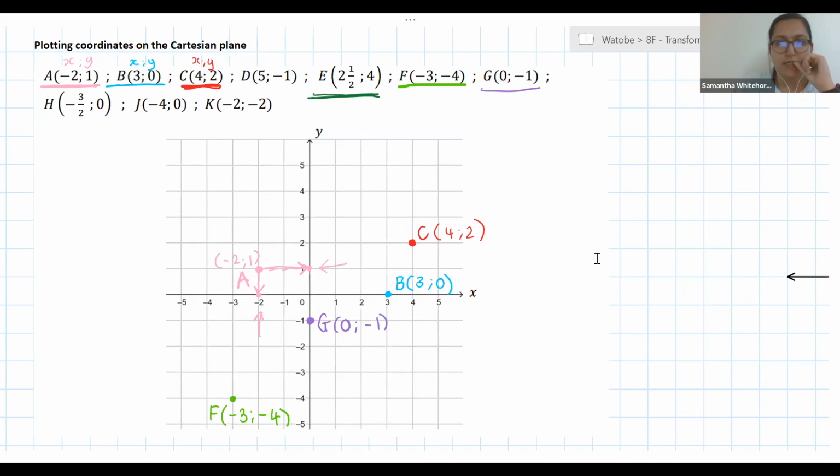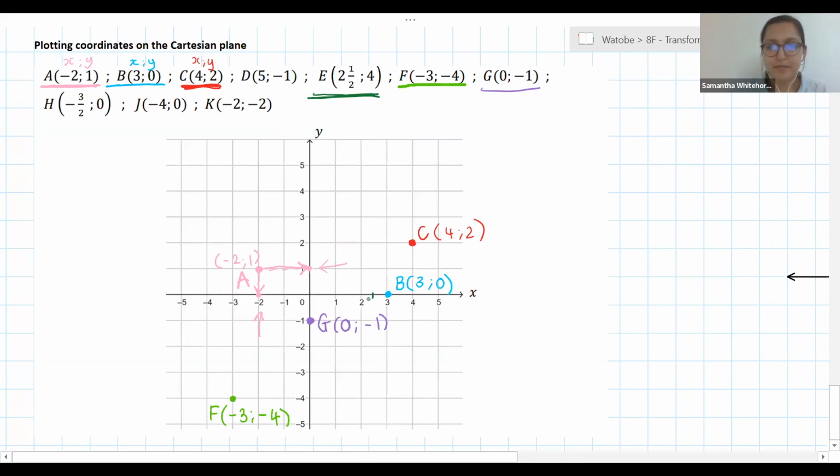Right, Oratile, tell me, or do you have a question? I think that the 2.5 goes in between the 2 and the 3. Excellent. Well done. So 2.5 is directly between 2 and 3. Awesome. Then what?